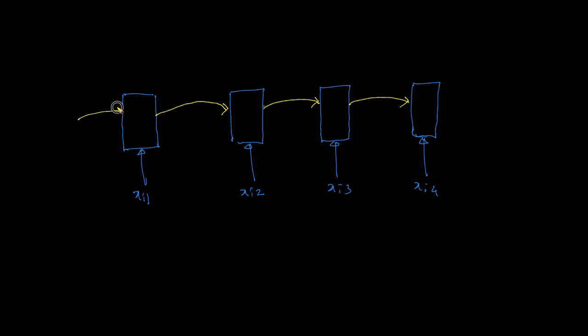Here I am giving xi1, xi2, xi3, xi4 as inputs. The output of each step goes as input to the next step, and a vector of zeros comes in at the start.